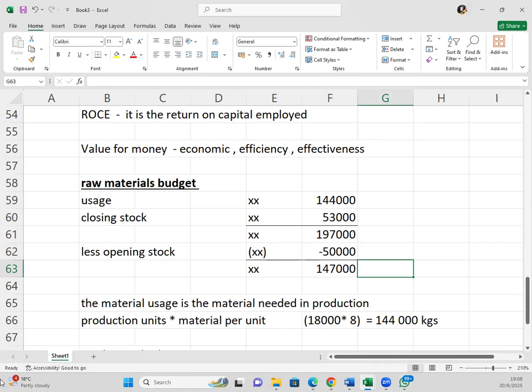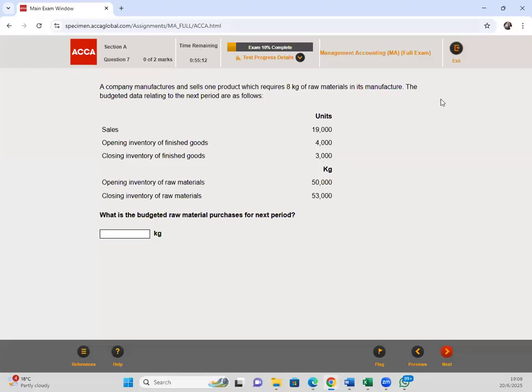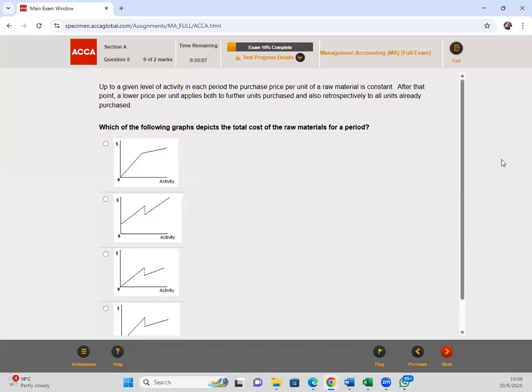Let's go back to the questions. Okay, here are the graphs.